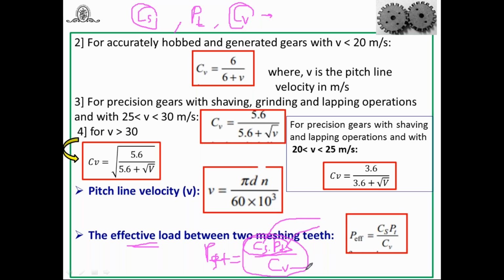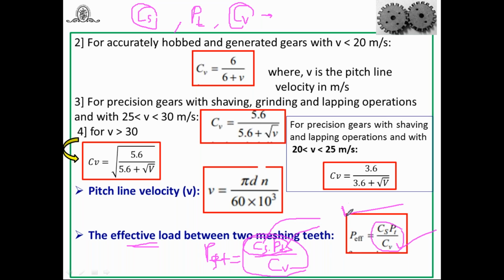Remember one thing, this relation is applicable only for the first method, the preliminary stages of gear design by using velocity factor. P effective is equal to CS into PT upon CV.